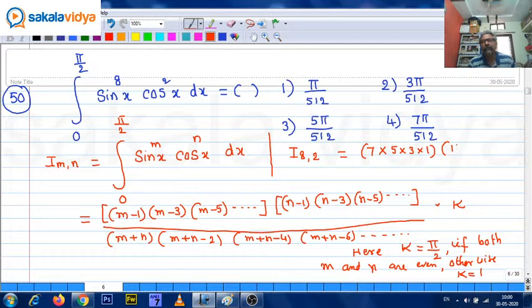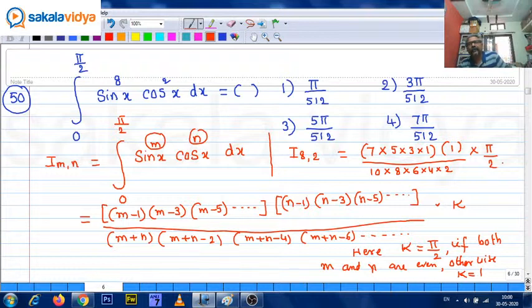So 2 minus 1 is 1. Stop. Upon m plus n: 8 plus 2 is 10, into 10 minus 2 is 8, 8 minus 2 is 6, 6 minus 2 is 4, 4 minus 2 is 2. Stop. Into k value: both m and n are even, that means pi by 2. So you simplify this one, you will get the answer.